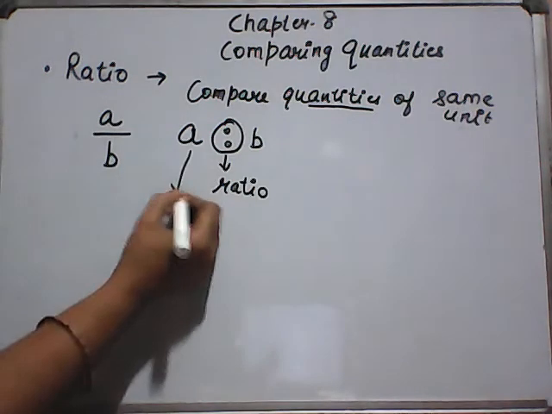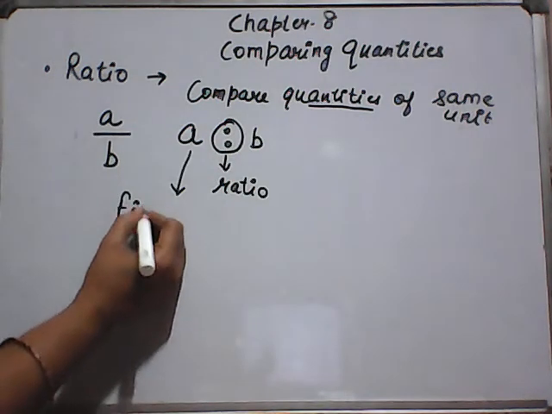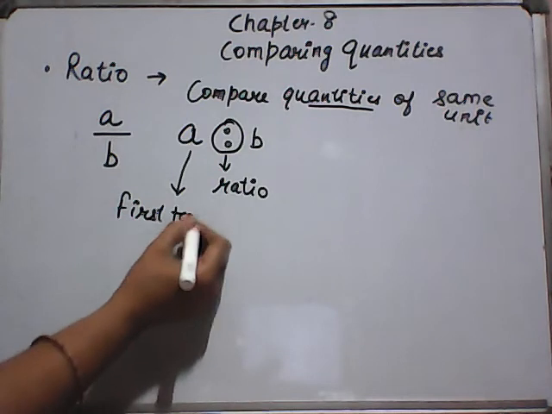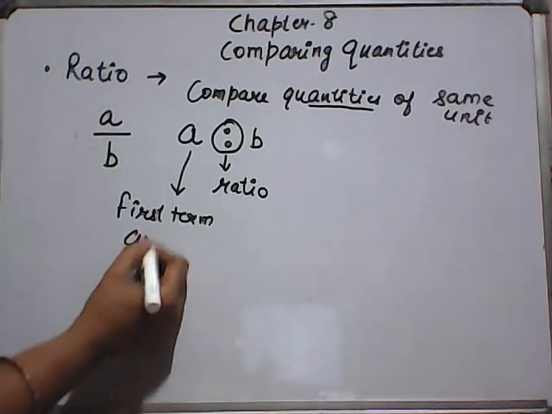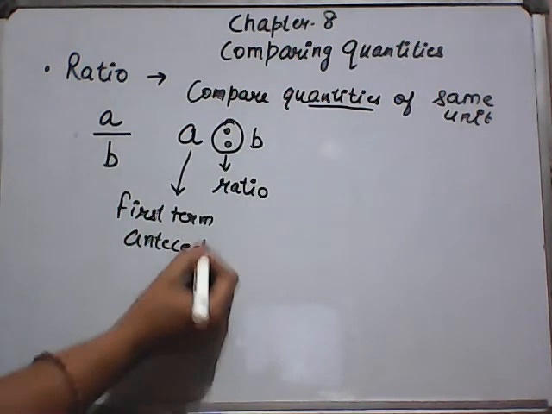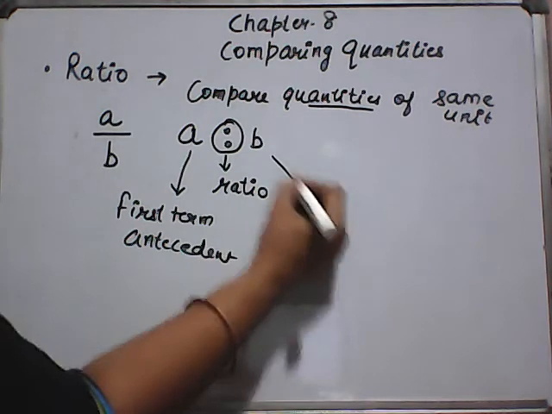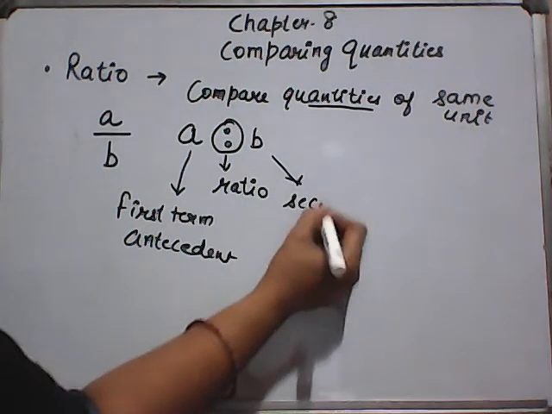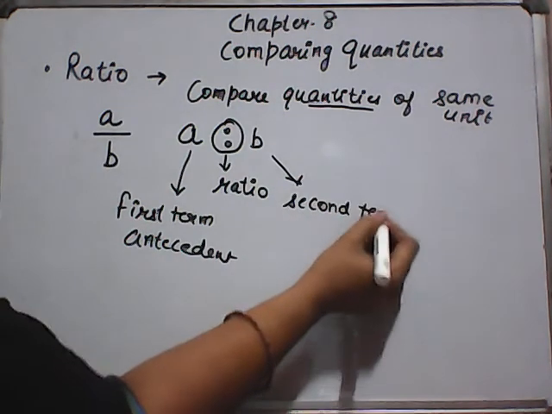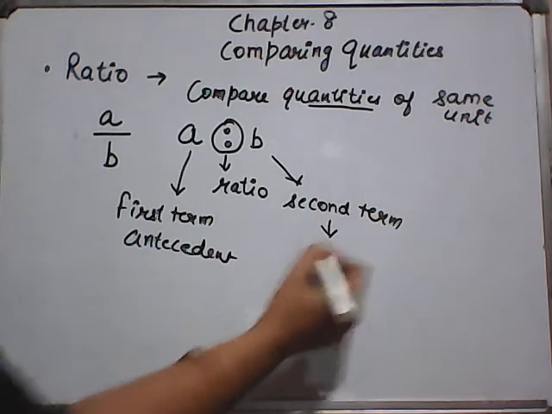A is the first term, or you can say antecedent, and B is the second term, or you can say consequent.